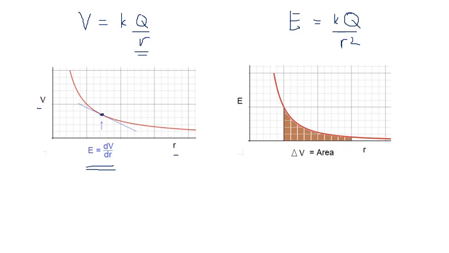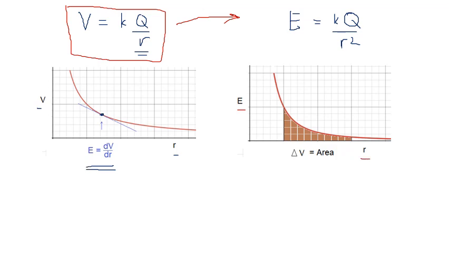The steepness of my potential hill is equal to the field strength. If you differentiate, you all do A-level maths, don't you? If you differentiate that, you get that. So E equals dV/dr.